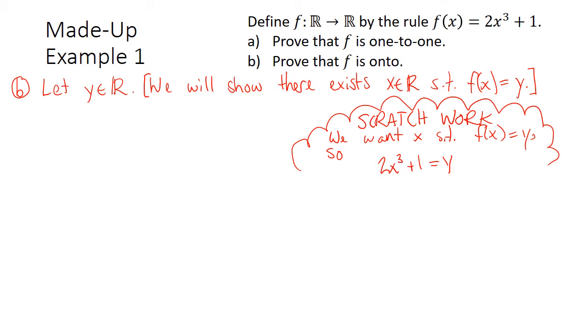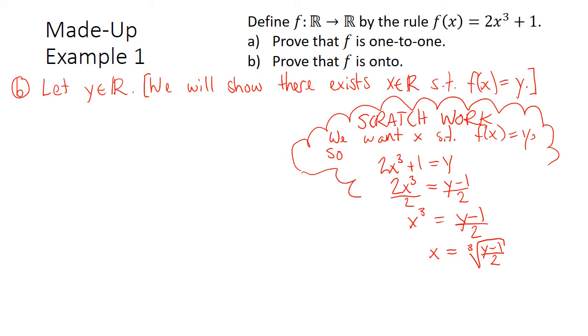I'm going to subtract 1 from both sides. Then I'm going to divide both sides by 2. So x cubed equals y minus 1 over 2. And then I'm going to take the cube root of both sides. So x is going to be the cube root of y minus 1 over 2. Okay, so that's the x that would give me y as an output.